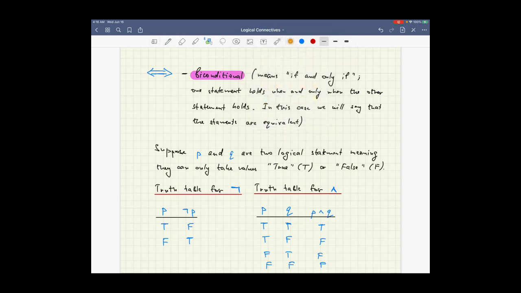So again, P and Q is true if and only if both P and Q are true.